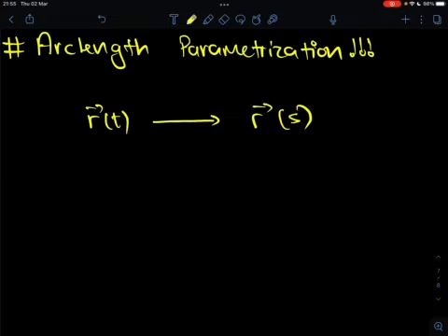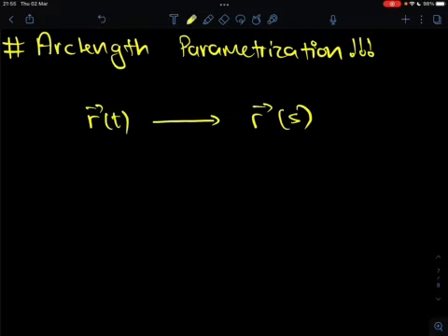So that's why this parametrization is quite important, because every time something is moving, when it has moved a particular distance, there is always that interest of knowing where exactly we are located at this instant. So in order to change the parametrization, this is what we call the arc length parametrization.